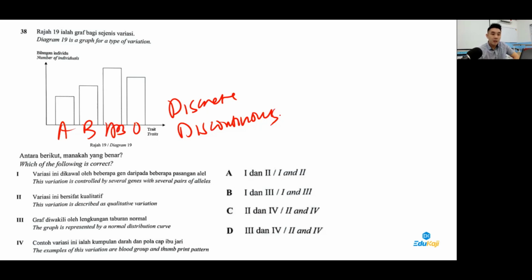So 38, controlled by cell node. Qualitative, okay. Qualitative, okay. Not normal distribution, like I said, discrete. Example, blood group thumbprint, okay, so should be C. 38C.